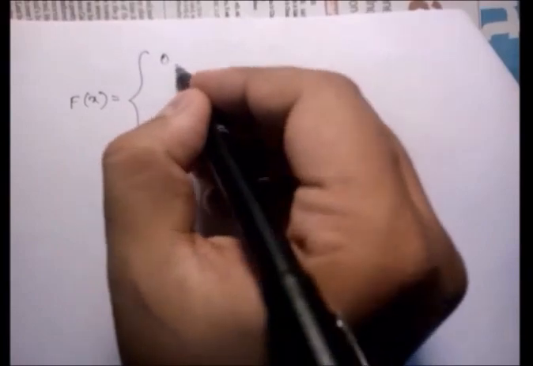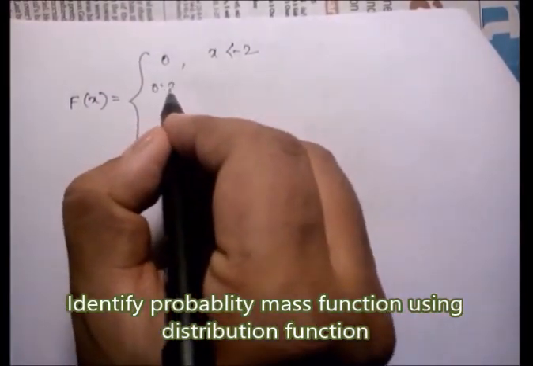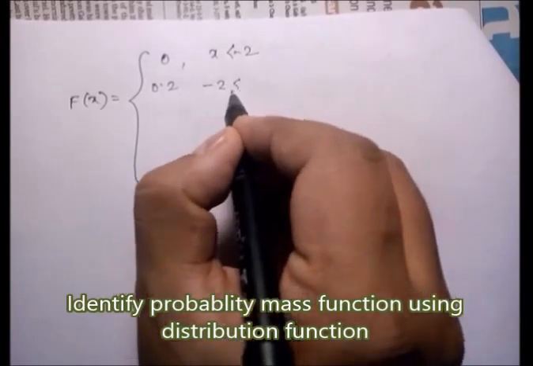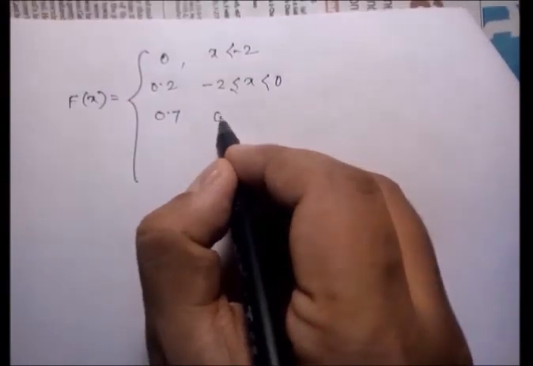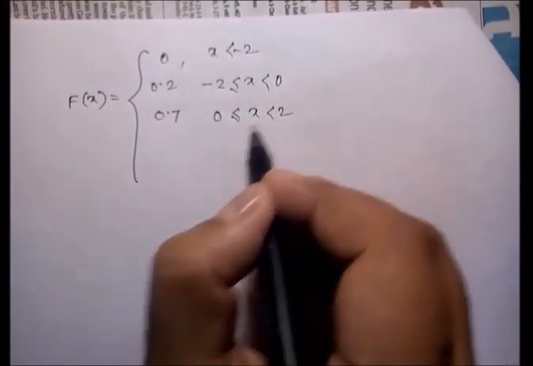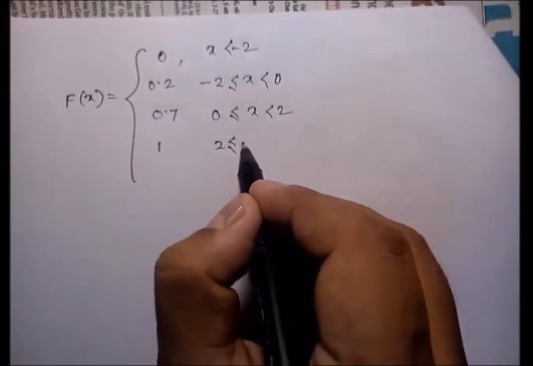Problem related to discrete random variable. Determine the probability mass function of X from the following cumulative distribution function. The distribution function is given: 0 if X is less than or equal to minus 2, 0.2 if it is from minus 2 to 0, 0.7 for the next interval, and 1 if X is more than 2.